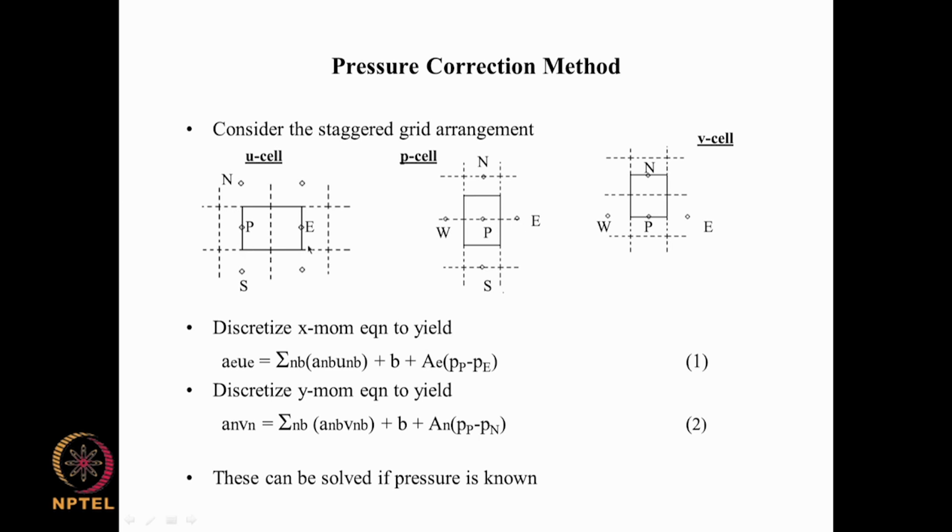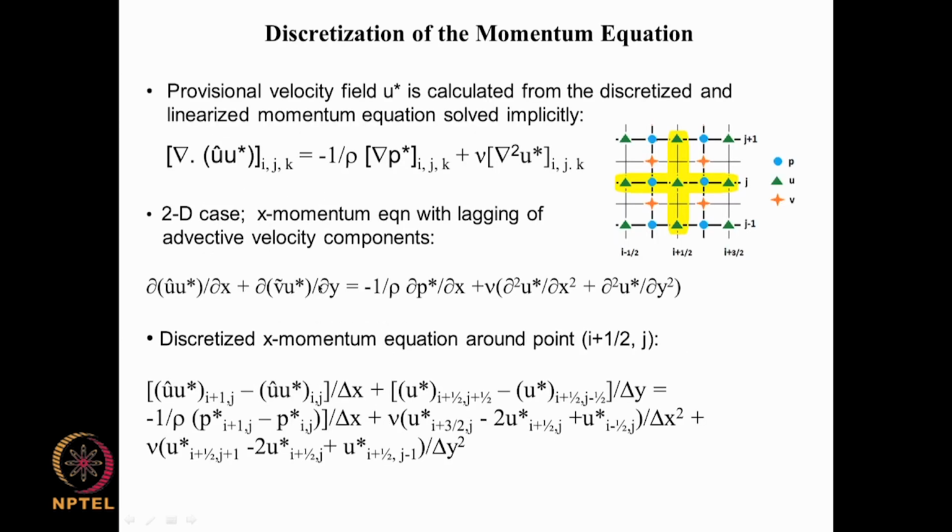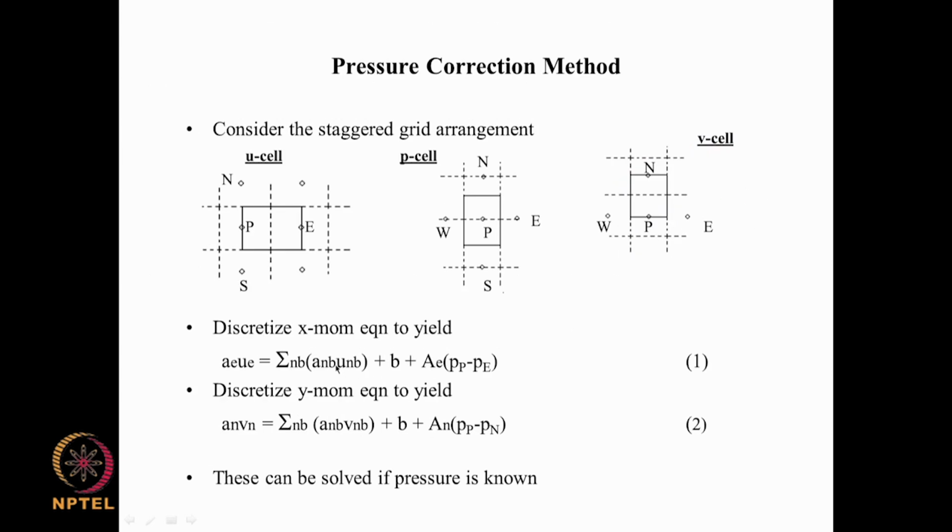So, over this control volume which spans half a grid distance in each direction, that is east direction, west direction, north direction, south direction, we can integrate as we have done here, and then we can come up with a discretized x momentum equation, where the variable is the velocity u component at the small e, that is the east face of the pressure cell here.